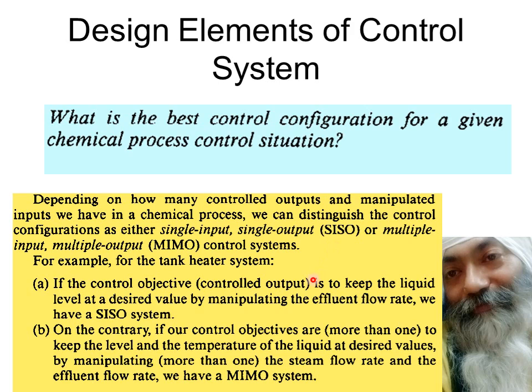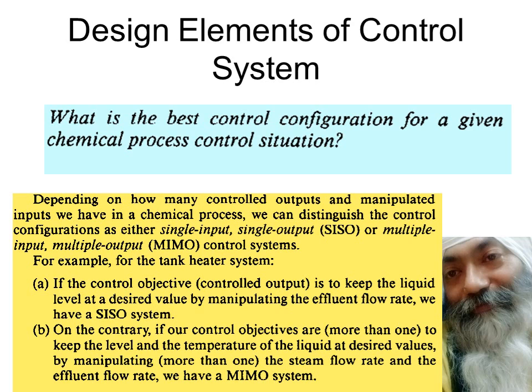So I've already given you the cases of steam flow rate and the effluent flow rate changing both the level as well as the temperature, so that becomes a MIMO. Otherwise, if we take only flow rate in and flow rate out determining the level, there's no change in temperature, or we don't consider the change in temperature at all, in that case it will be SISO. So once again, for the last time, I'm saying that from now onwards mostly we'll be considering only SISO.